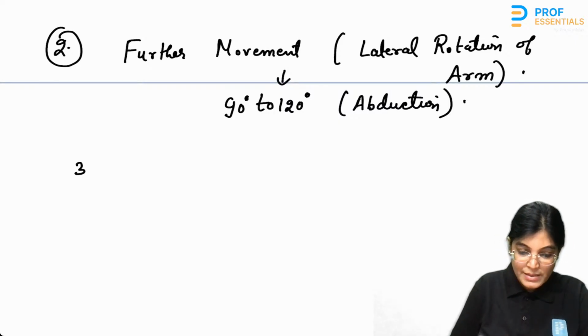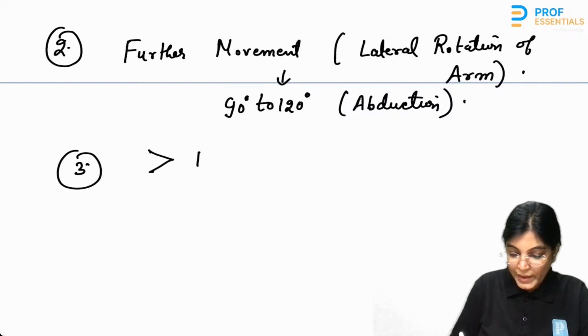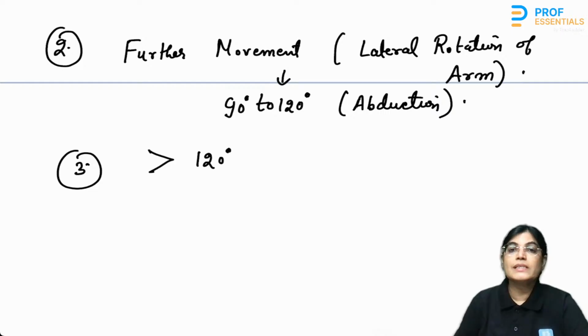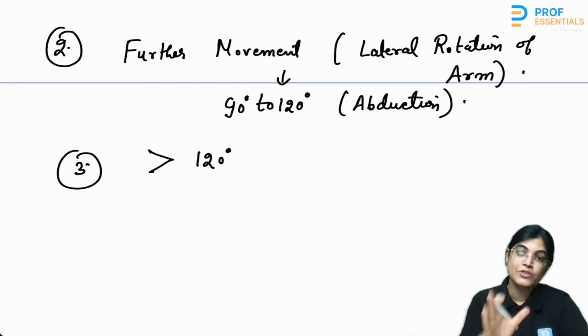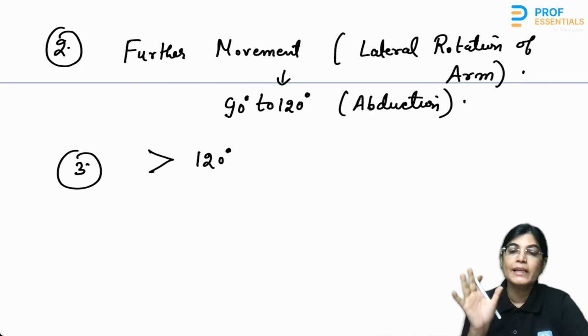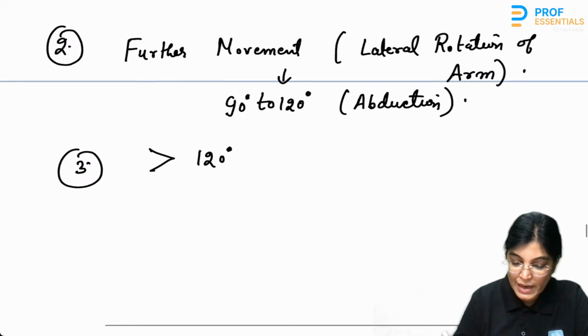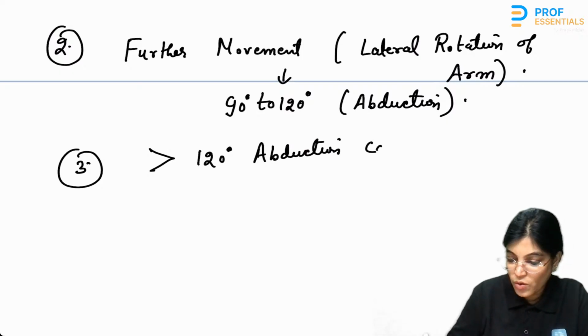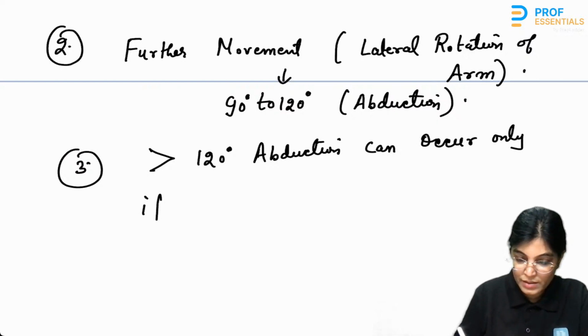The third case is that abduction above 120 degrees can only be possible if the scapula rotates. So the scapula has to move forward towards the chest wall, so that abduction greater than 120 degrees is possible. So greater than 120 degree abduction can occur only if the scapula rotates.